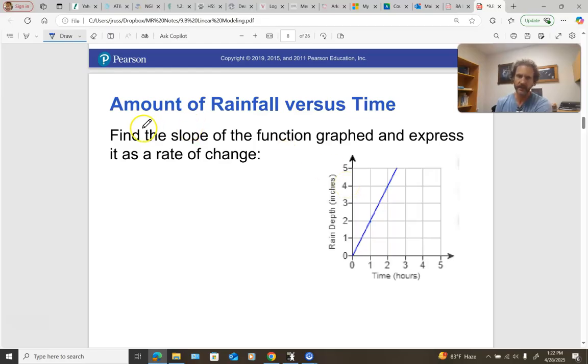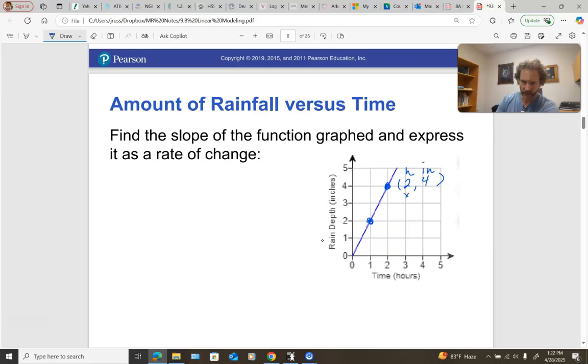Okay, so when it asks us to find the slope of this function, all we need to do is just pick 2 points that are on this line. Go ahead and write down the coordinates. Okay, so hours comes first. That's like our x, basically. 2 hours corresponds to 4 inches of rainfall.